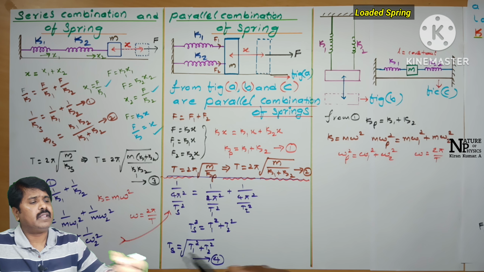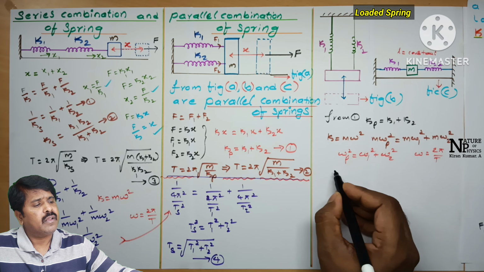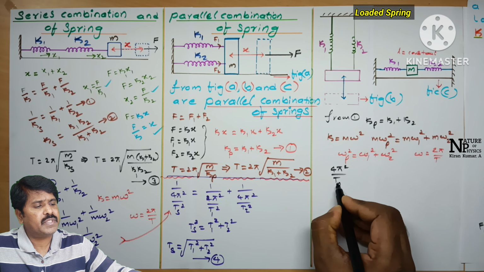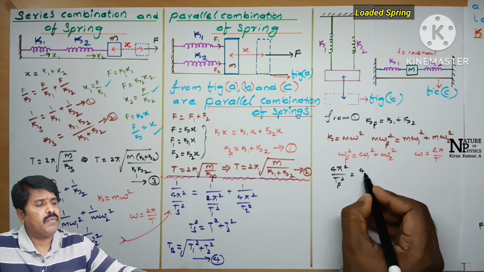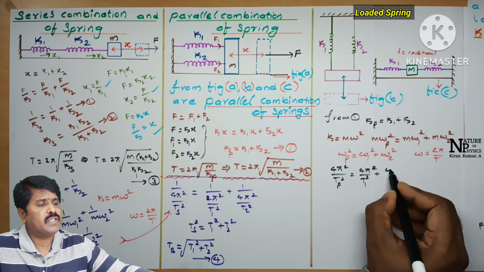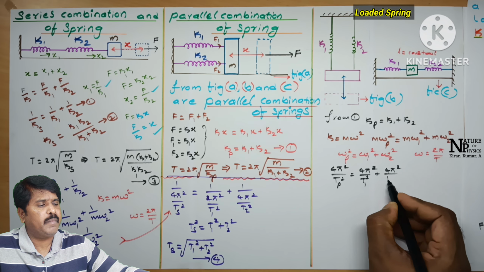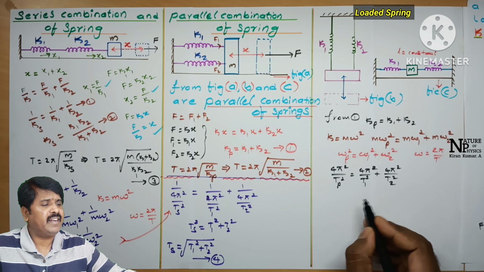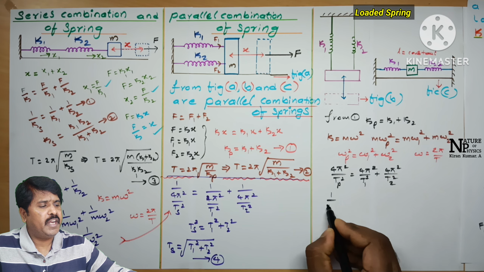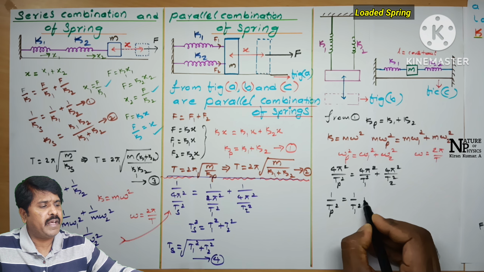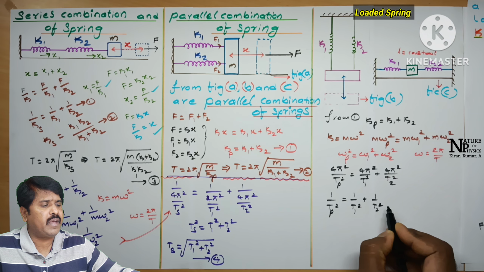Replacing it, student, I am going to get 4 pi square divided by tp square is equal to 4 pi square divided by t1 square plus 4 pi square divided by t2 square, so 4 pi square is common and cancels, so that 1 by tp square is equal to 1 by t1 square plus 1 by t2 square.